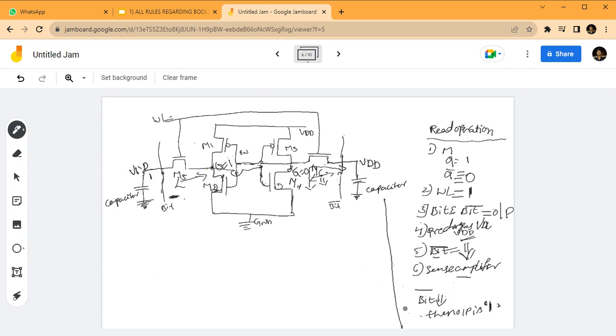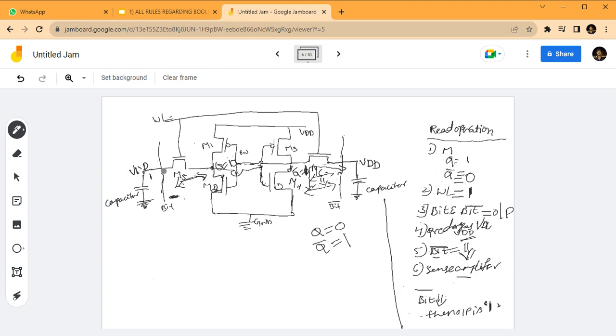In the other case, assume Q equal to 0, then Q bar will become 1. Between the Q bar and bit bar line, there is no voltage difference, so there is no chance of current flow in this region. Considering the bit and Q values, there is a voltage difference here.